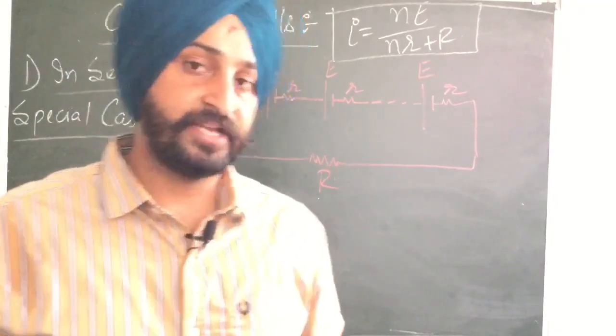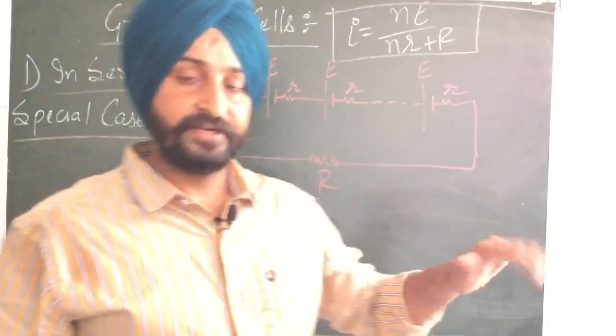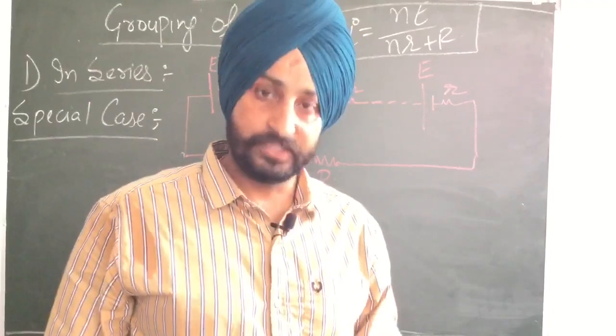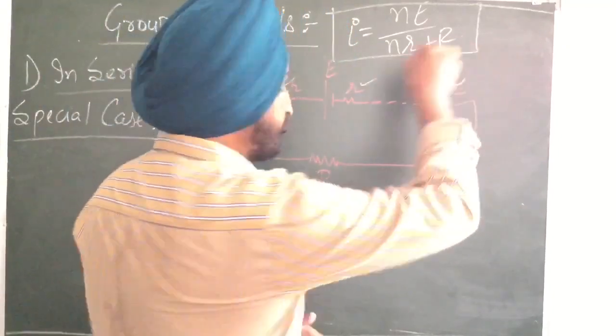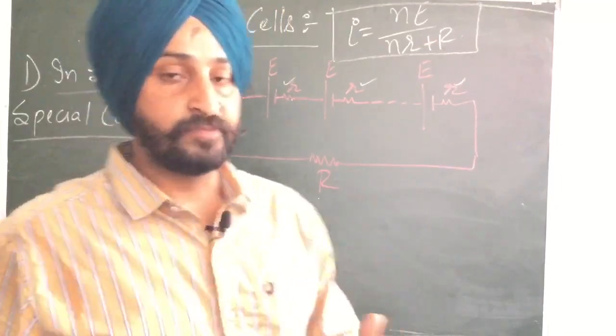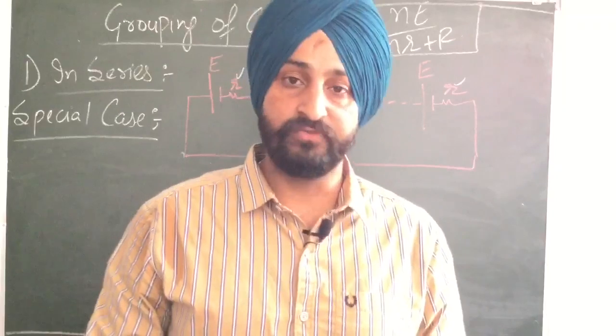So the special case would be, first I will be considering the total internal resistance of this circuit as very small. Let these resistances be very small resistances. So if these are very small, when you add these up, your resultant will also be a small value.